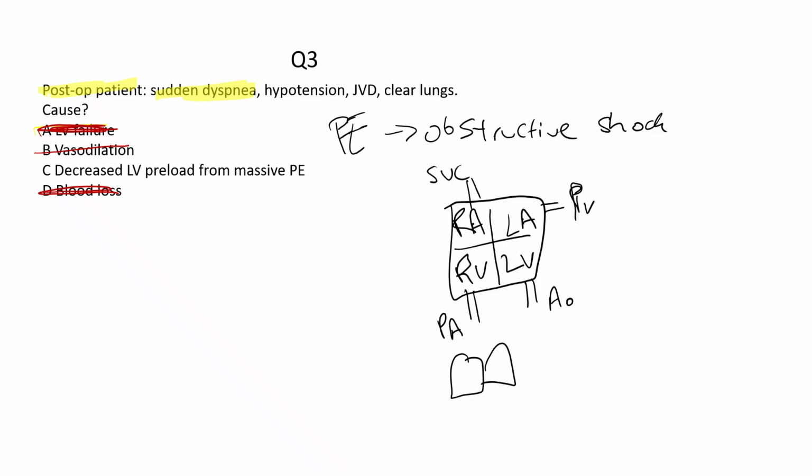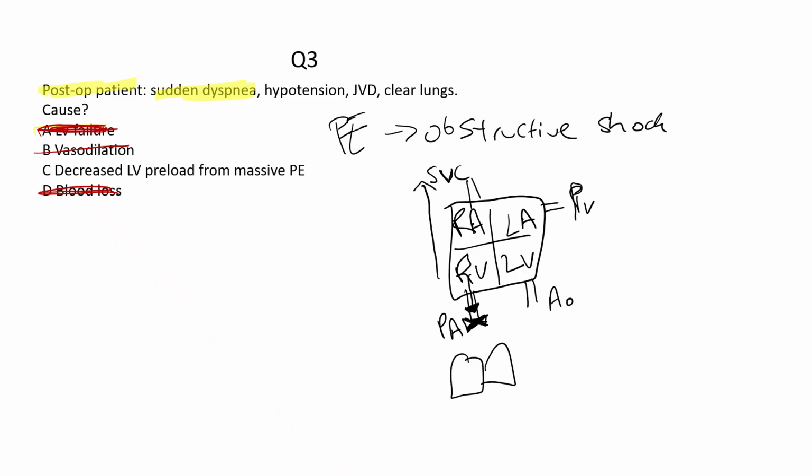So if you have a blood clot over here, what ends up happening is the blood cannot pump effectively out of the right ventricle, which leads to blood going backwards, up to the superior vena cava and the JVD, right?